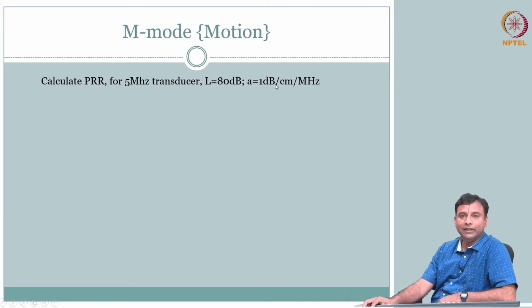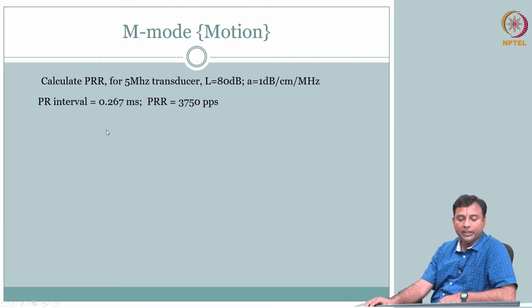The appreciable loss here is 80 dB. So I can get L as 80 dB divided by 5, 80 by 5. Okay, so I can easily calculate my depth of penetration.